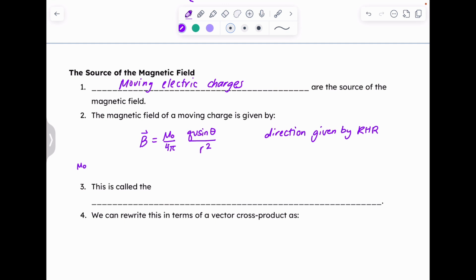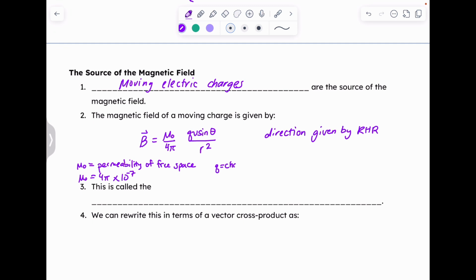Mu naught is called the permeability of free space, and it is 4 pi times 10 to the negative 7. Just like epsilon naught was the permittivity of free space, describing how well an electric field can go through a medium, the permeability of free space, mu naught, tells you how well a magnetic field can go through a medium.